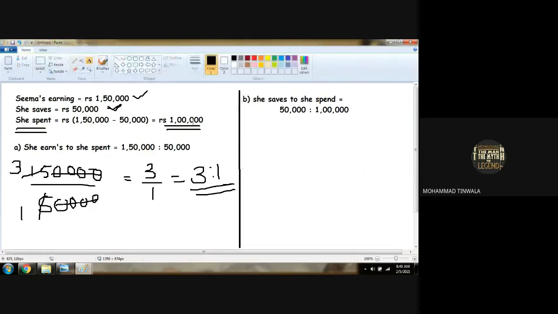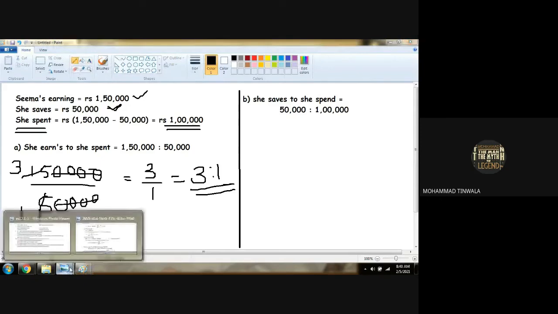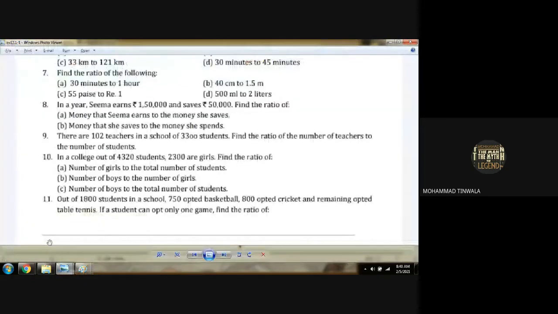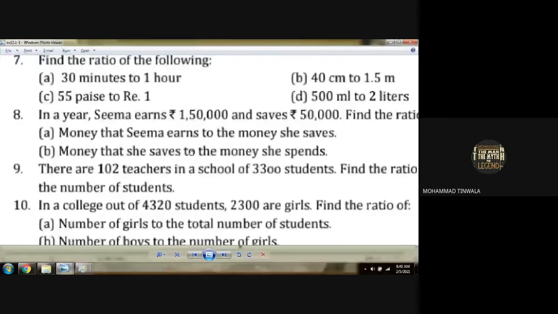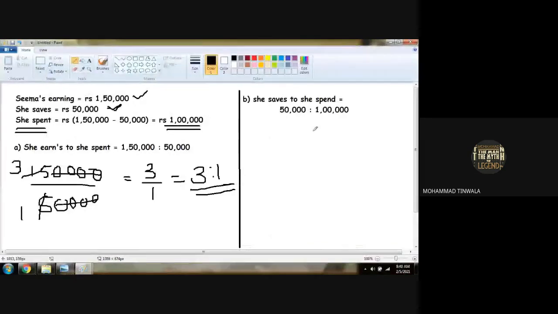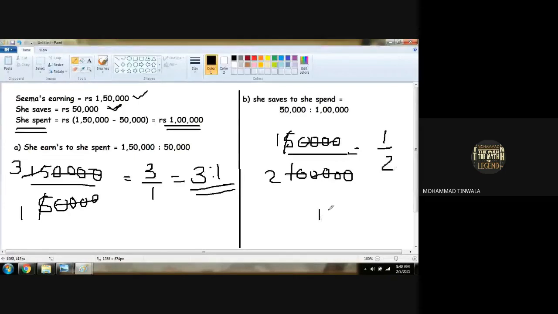How much did we get? We got 1 lakh for what she spends. The question is what? Part B is the money that she saves to the money that she spends. So money saved 50,000, money spent 1 lakh. So can I write 50,000 upon 1 lakh? This 0000 got cancelled with this 0000. 5 ones are 5, 5 twos are 10. So we got 1 upon 2 here, which is 1:2 as the ratio.